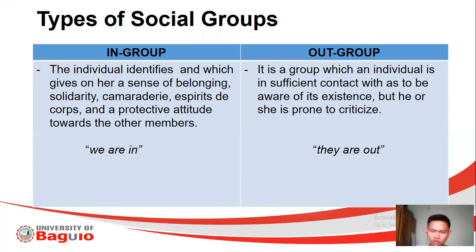Okay, so when you say in-group, kasi, we are helping a member of our group for that member to be aware of the principles of the group. Kasi nga, sabi natin, the action of the member could represent the action of the group. So, ibig sabihin, as much as possible, wag sana tayong gumawa ng isang bagay na hindi nasasang-ayon sa prinsipyo ng ating group.